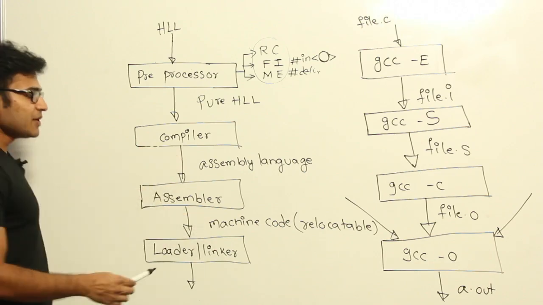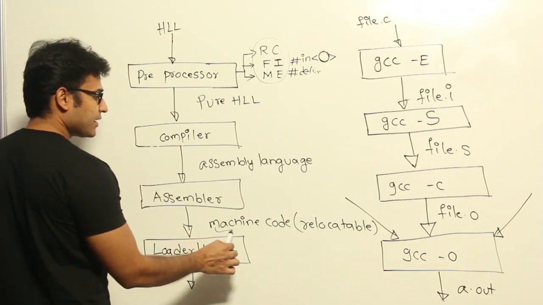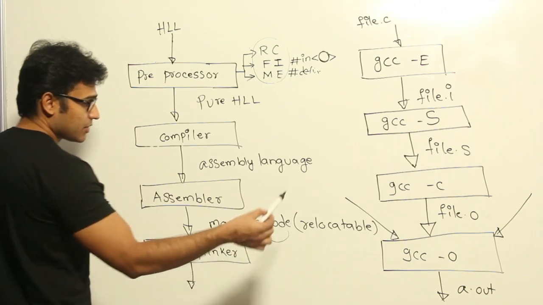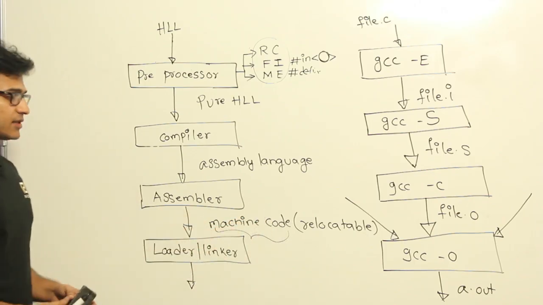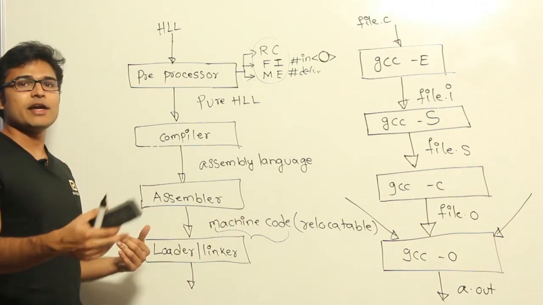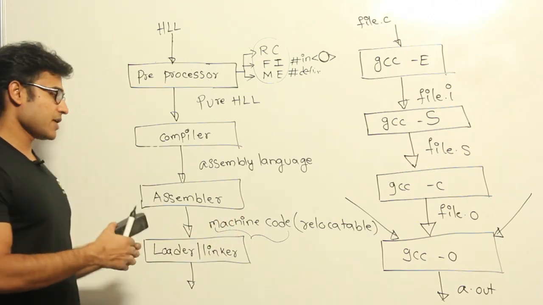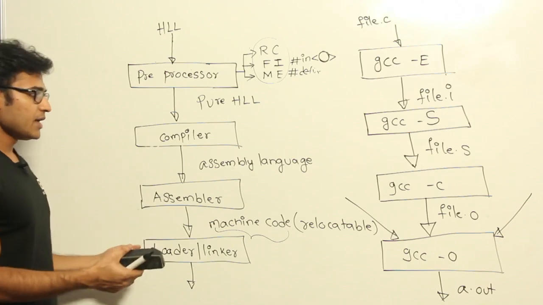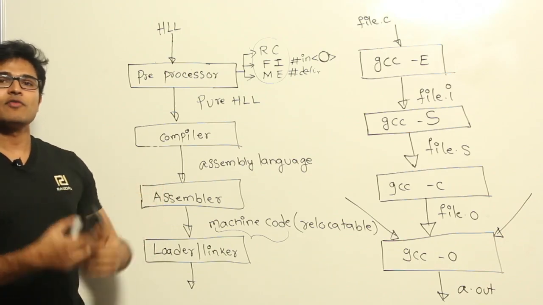But then this machine code is not directly runnable in most cases. The reason is you are going to have many files which are compiled individually, and later you might have to link all of them to run it.